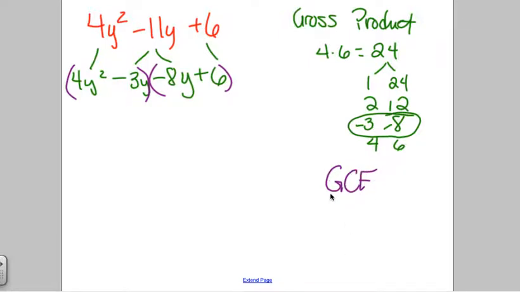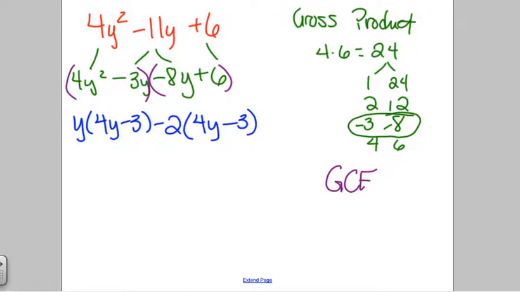GCF is greatest common factor, so I'm going to divide that out here. So notice here the only common factor here is a y. That leaves me with 4y minus 3. Then I'm going to pull out here a negative 2. That leaves me with a positive 4y minus 3.